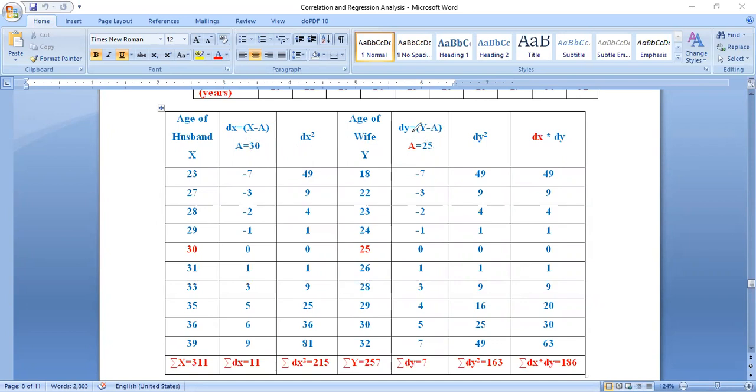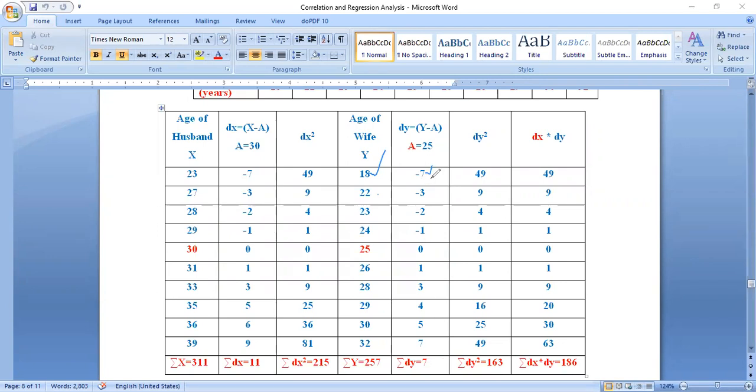You have to find the dy values here. 25 is the assumed mean, so dy is y minus a, where a is 25. 18 minus 25 is minus 7, 22 minus 25 is minus 3, 23 minus 25 is minus 2, 24 minus 25 is minus 1. The same procedure applies for the remaining variables. Finally you will get sigma dy is equal to 7.